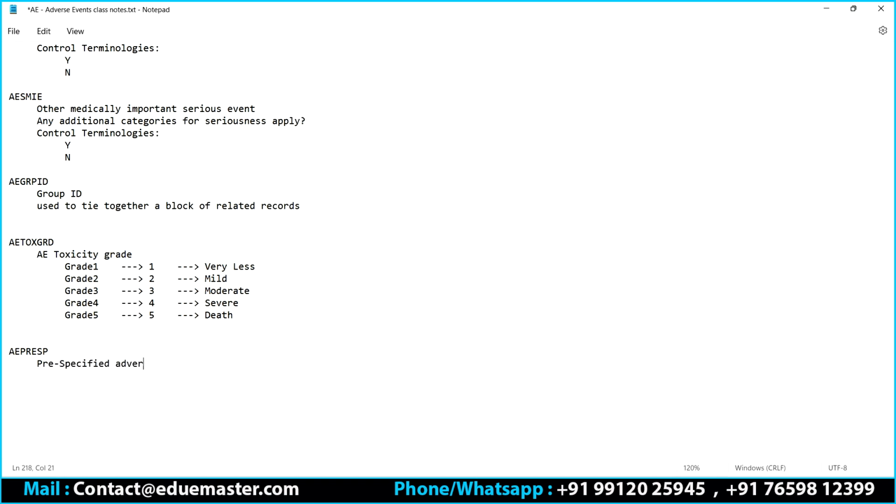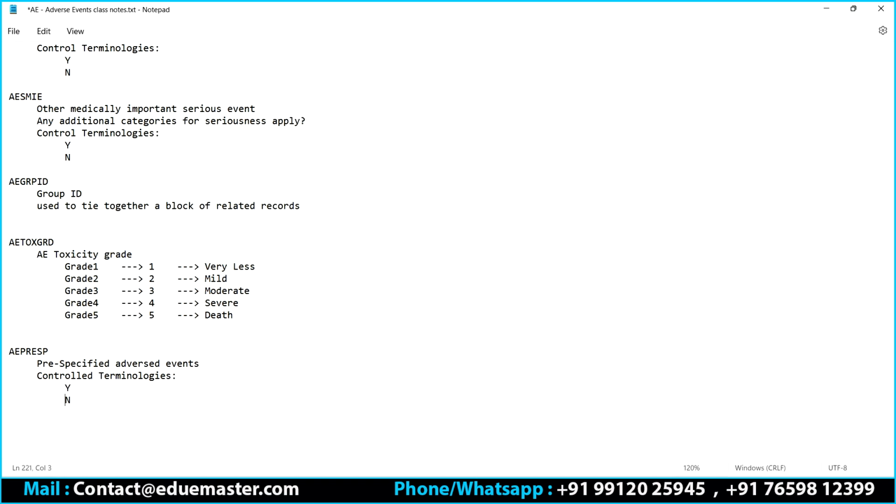Since these are pre-specified, they are the ones actually defined in your case report form itself. So what are the permissible values or controlled terminologies? They are either yes or no. Only two things.